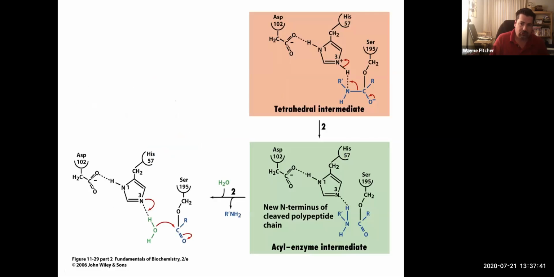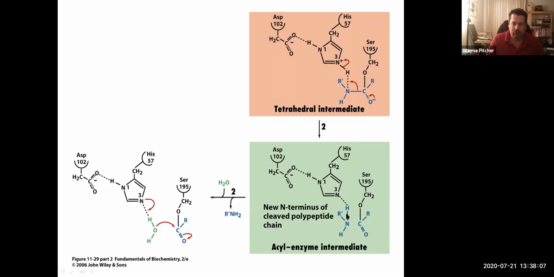The next step is cleavage of this carbon-nitrogen bond to form what we call an acyl enzyme intermediate, where half of the protein is attached to the enzyme, and then the other half is just sitting in the active site. That swaps out with the water.